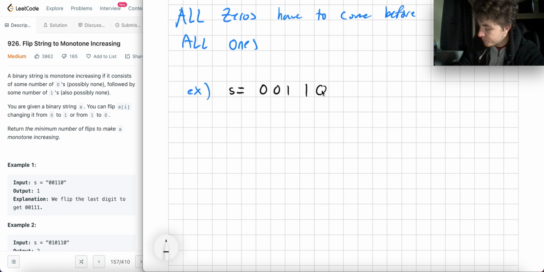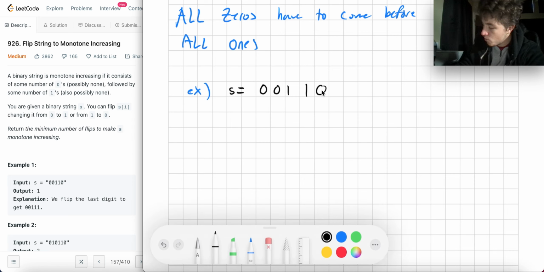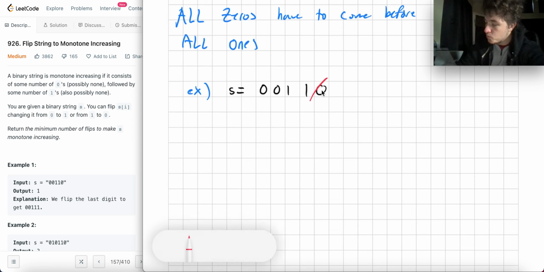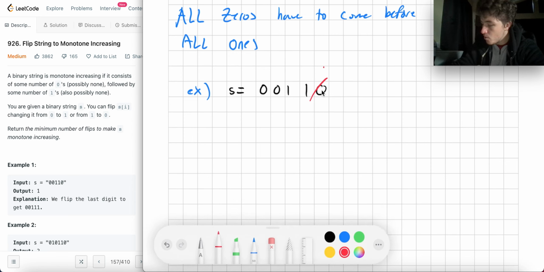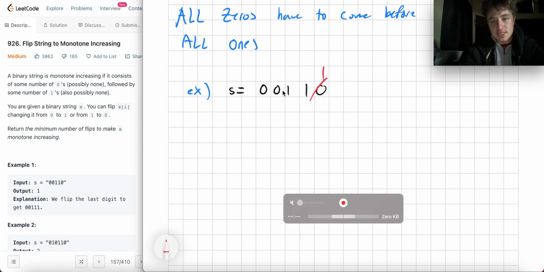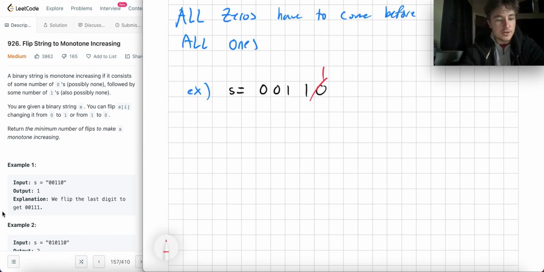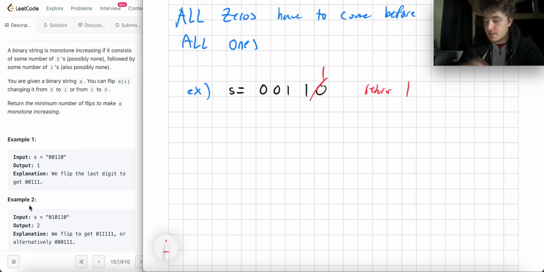So in order to fix this, we could turn this 0 into a 1. And now you'll notice that 0, 0, 1, 1, 1 is monotone increasing. So we flip the last digit to get 0, 0, 1, 1, 1. So then we would return 1, because there's only one bit that we had to flip to make this happen.